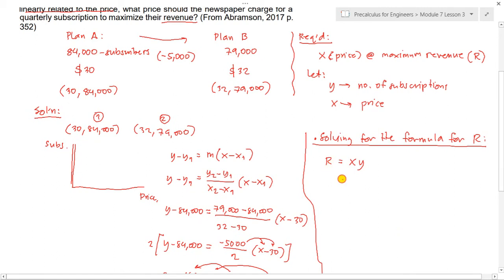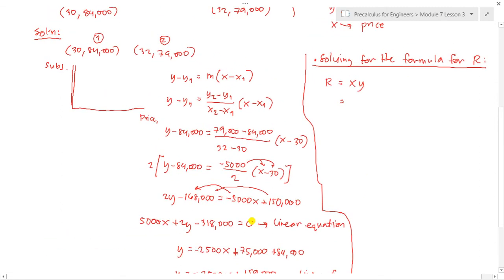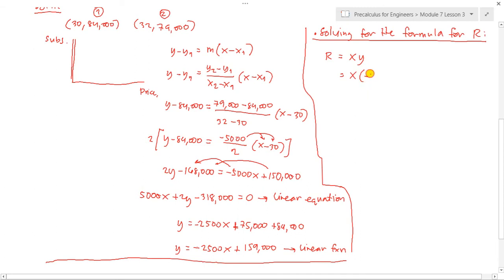But we all know the value of y here. y is just the linear function, so we can substitute that directly. That is x multiplied by negative 2,500x plus 159,000. Then distribute this, so that is negative 2,500x squared plus 159,000x. Again, this is a quadratic function.